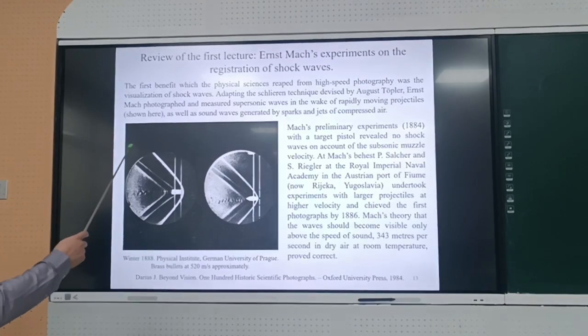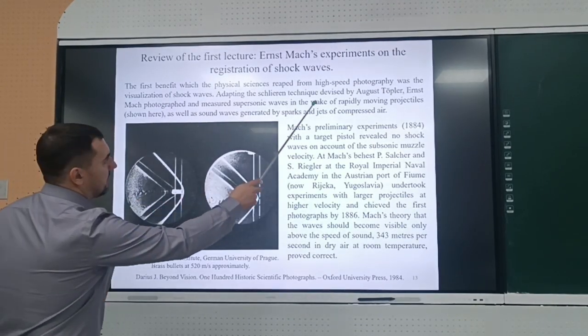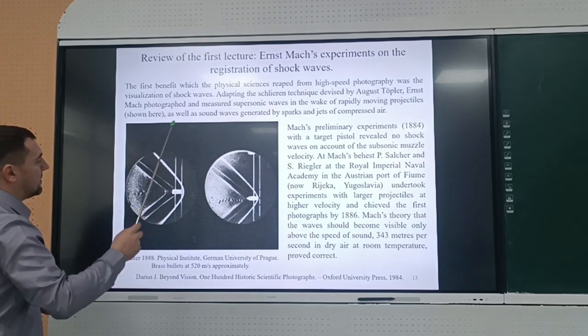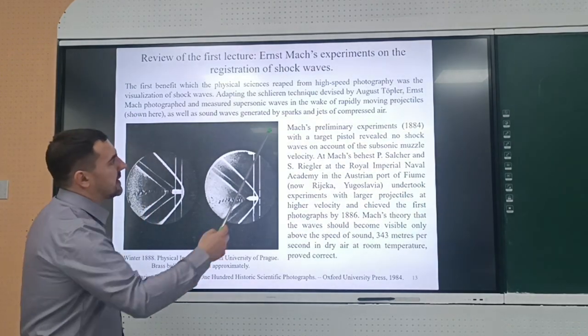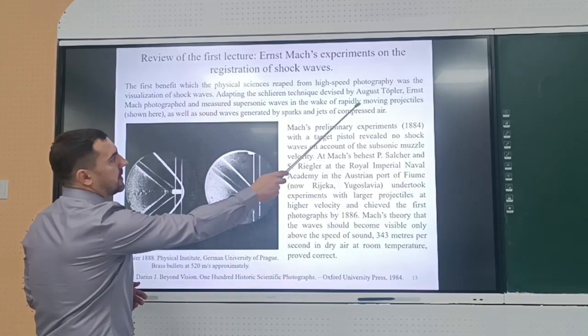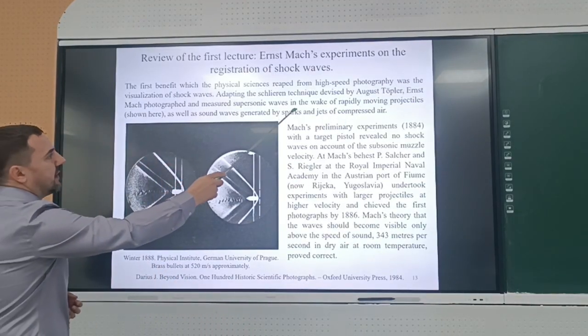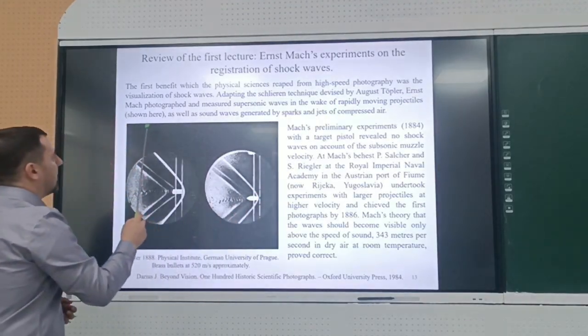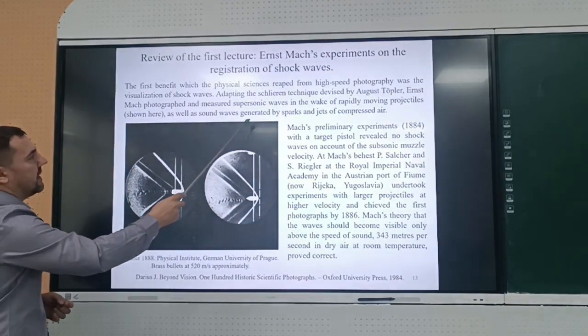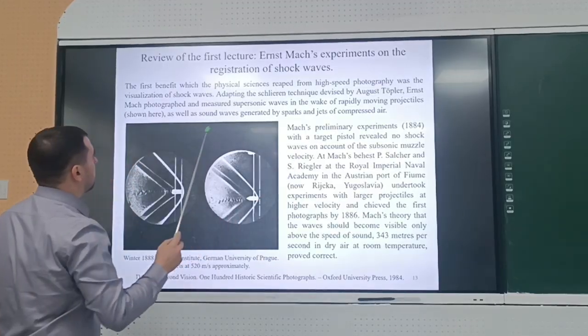The first benefit which the physical scientists gained from high-speed photography was the visualization of shock waves. People developed high-speed photography, adopting the Schlieren technique devised by Doppler; Ernst Mach photographed and measured supersonic waves in the wake of rapidly moving projectiles.